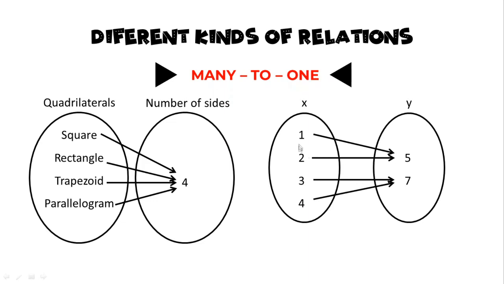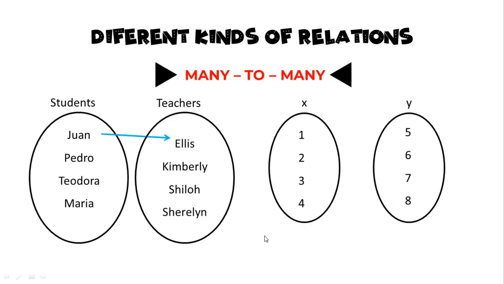So makita natin na 1 and 2 ay nagkakorespond sa 5, ang 3 and 4 ay nagkakorespond sa 7. So, tinatawag natin siyang many-to-one relation.